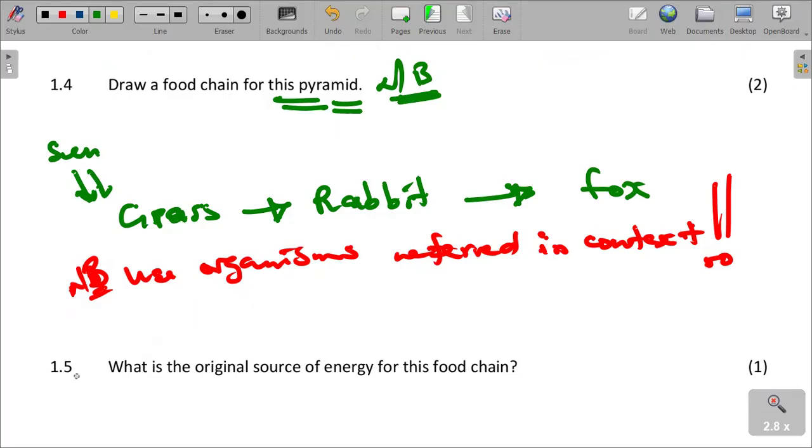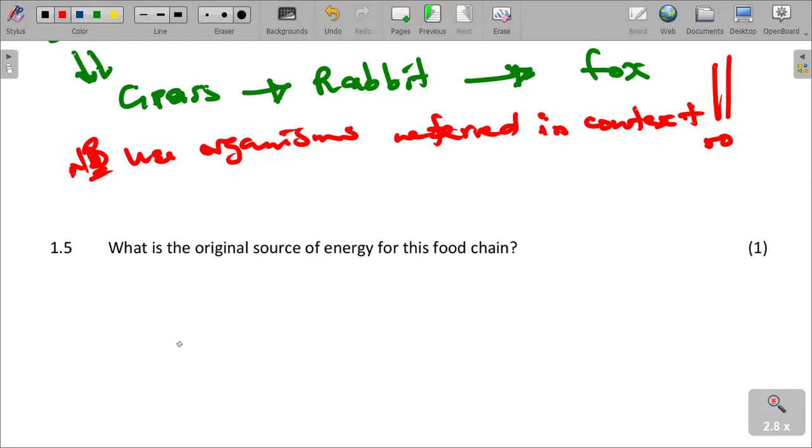And then the last question says, what is the original source of energy for this food chain? Remember, in any food chain, the source of energy is the sun. The sun is the source of energy, class.